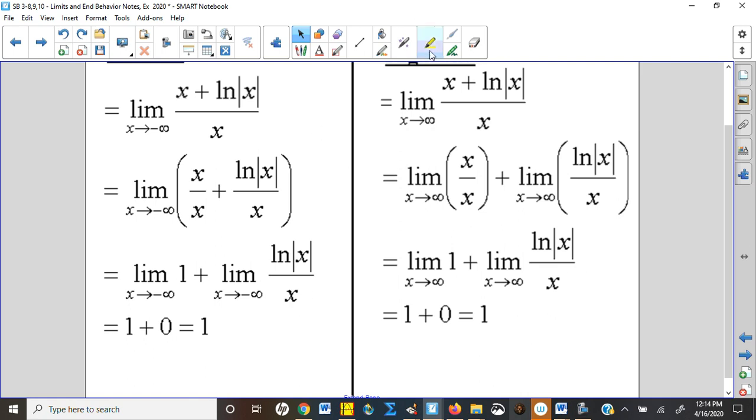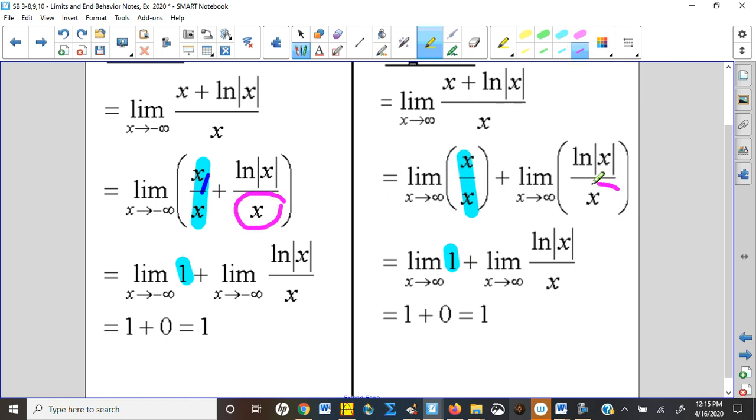One of them will always turn into a 1 because we're dividing something by itself, right? So this is 1, this is 1. And the other one should always turn into a 0 because the more powerful function is in the denominator. And when we have functions that have more power in the bottom than the top, if we go towards infinity or negative infinity, they're going to turn into zeros.